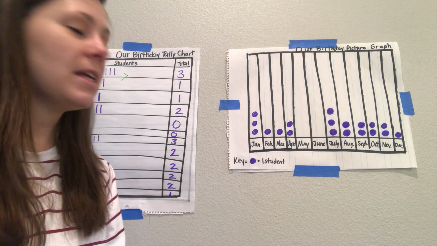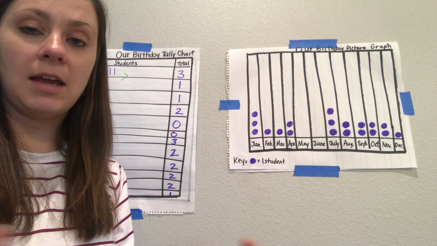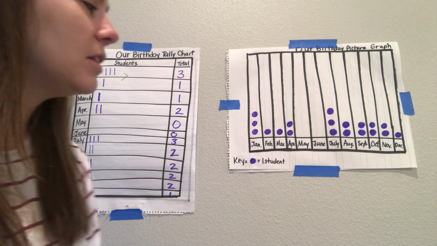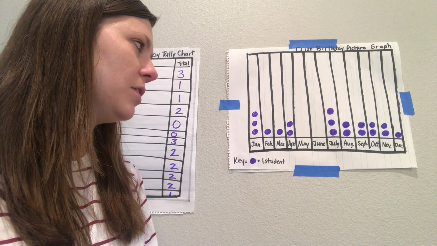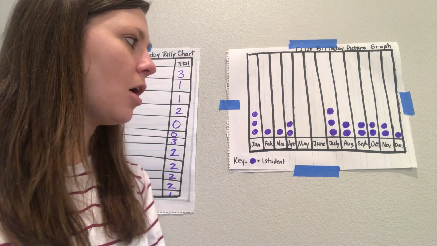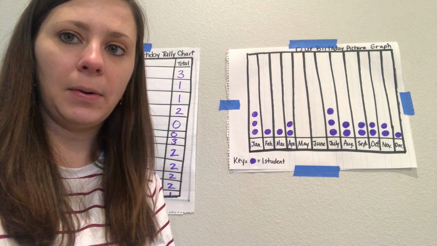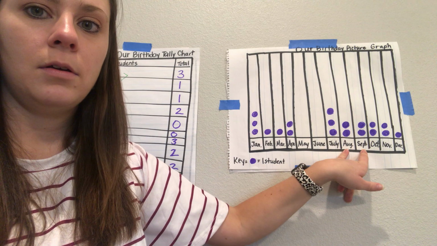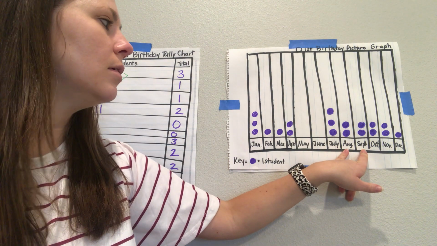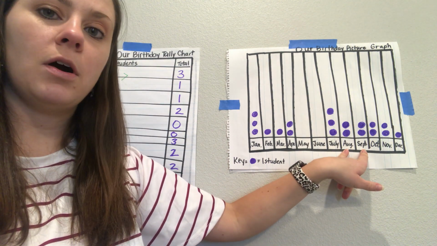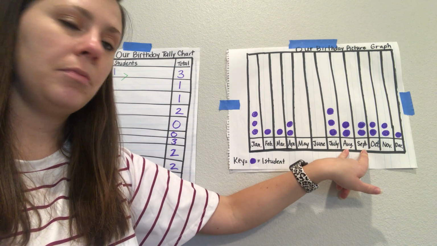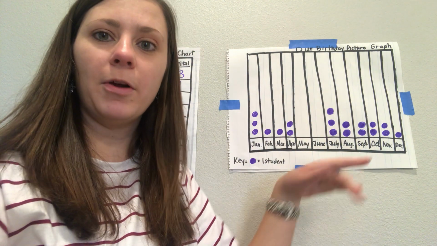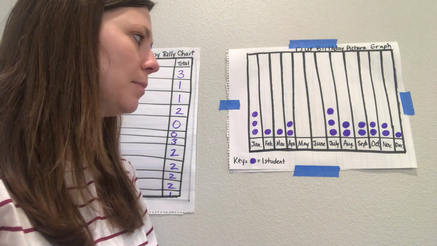So 2 students had birthdays in April and May total. What is the total number of students that had birthdays in August and September? So here's August and September. 1, 2, 3, 4. There were 4 birthdays total in August and September.